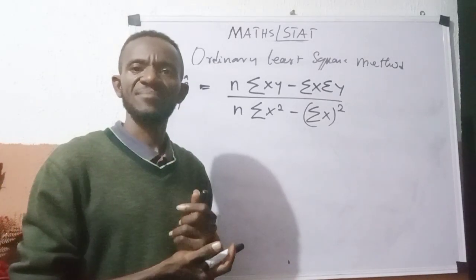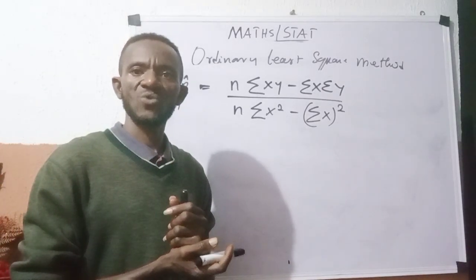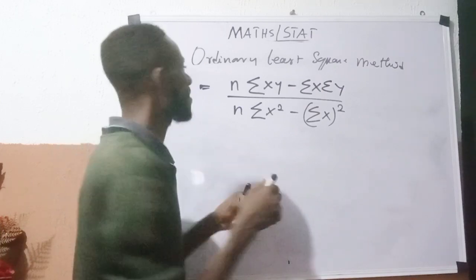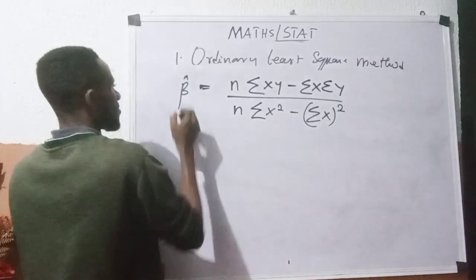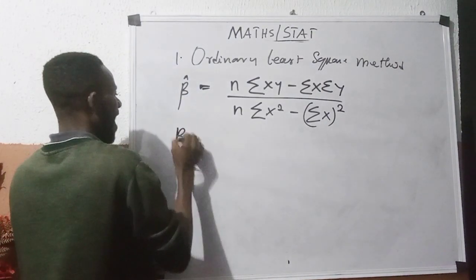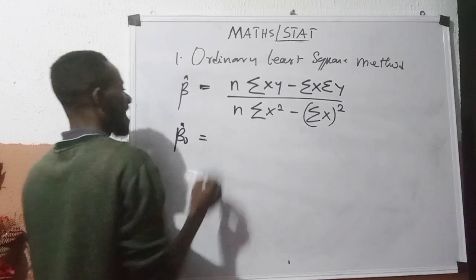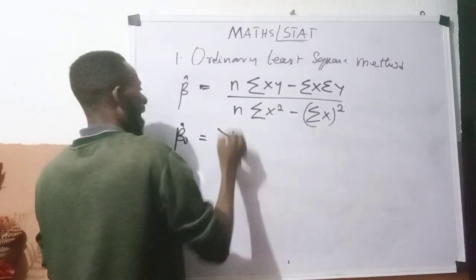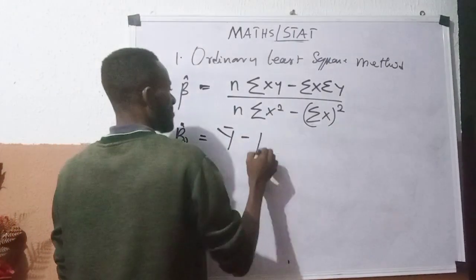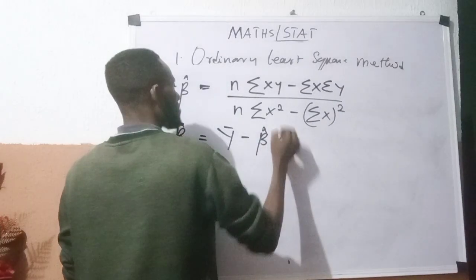Or we can equally say that our beta 0 cap is given as y bar minus beta cap x bar.